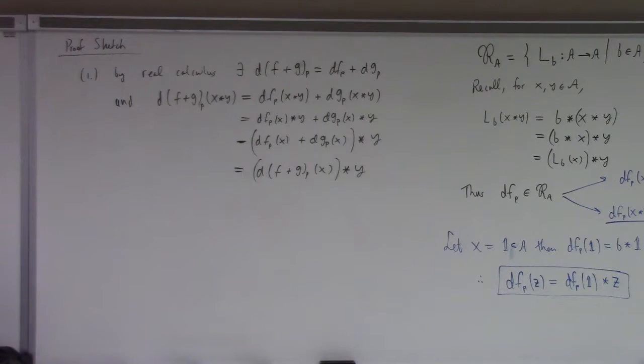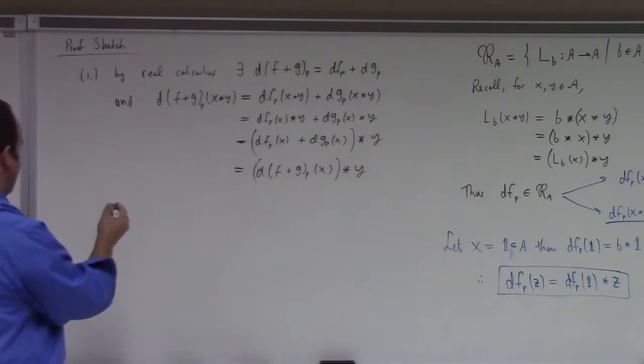We've shown that the differential of the F plus G function allows us to pull algebra multiplications out to the right. That proves that F plus G is itself a function which has a differential, which is in the regular representation. And that's all we need to do to prove that F plus G is differentiable.